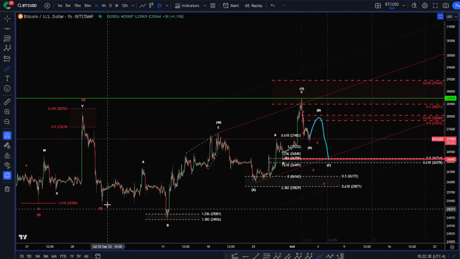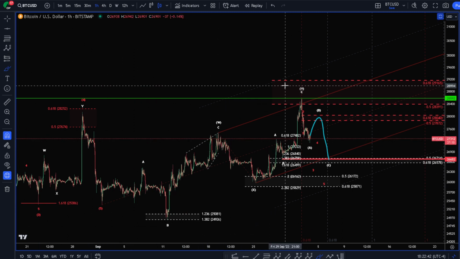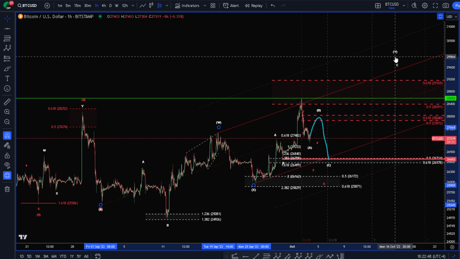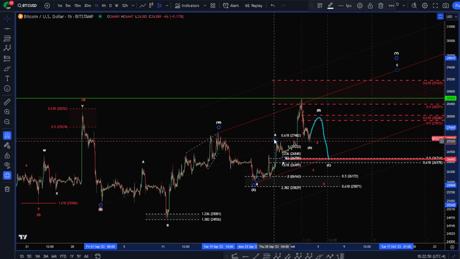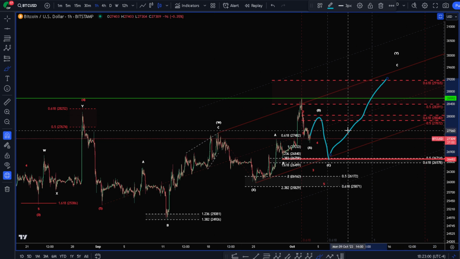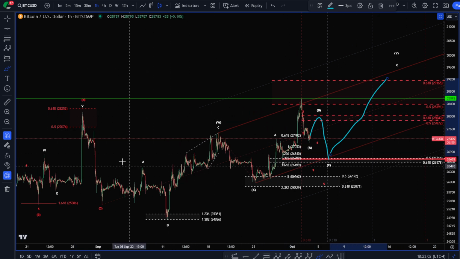Where we had an expanded flat for our W wave, and we could be looking for some sort of zigzag here, or double zigzag. Since we had an ABC here, we could literally just make another wave up like so, up to the 618 area.